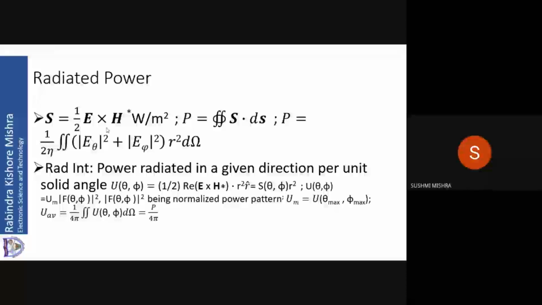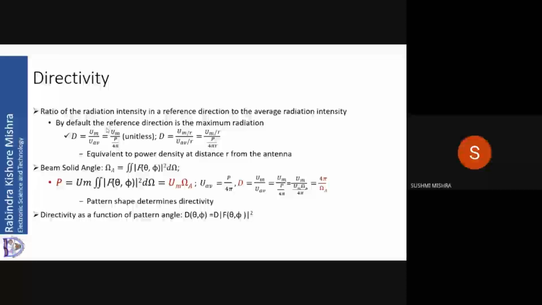And then we came to directivity, defined as the ratio of the radiation intensity in the reference direction to the average radiation intensity. Usually we take the reference direction to be the direction of maximum radiation. So D is UM by UAV, maximum intensity by average intensity.